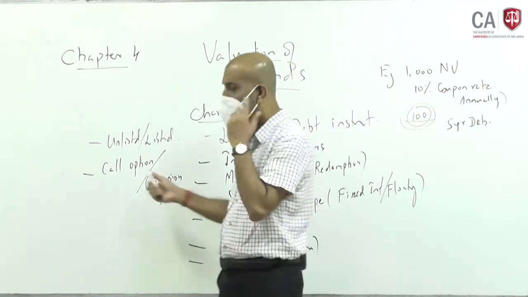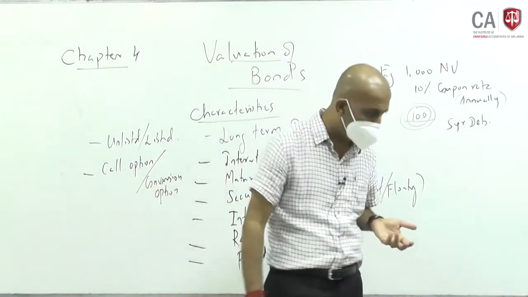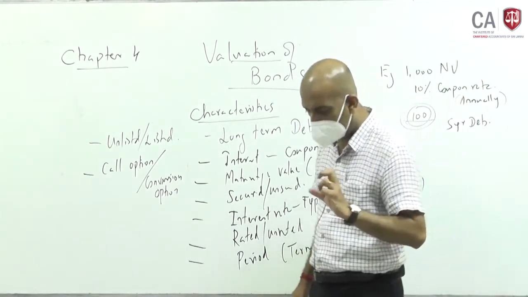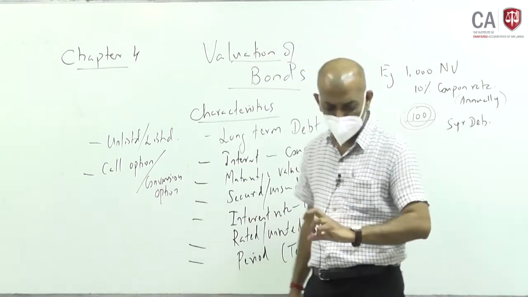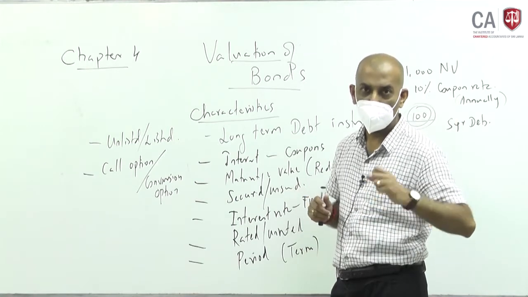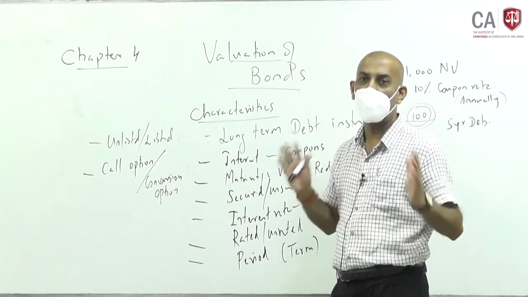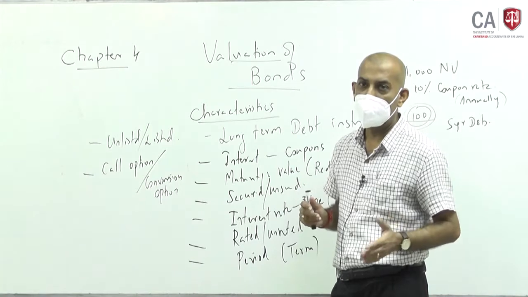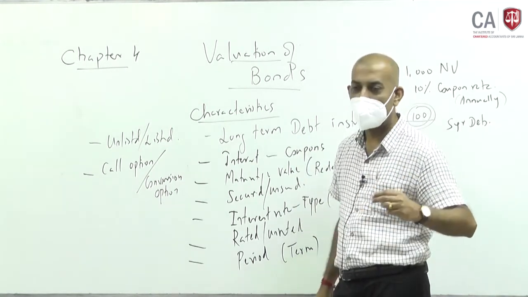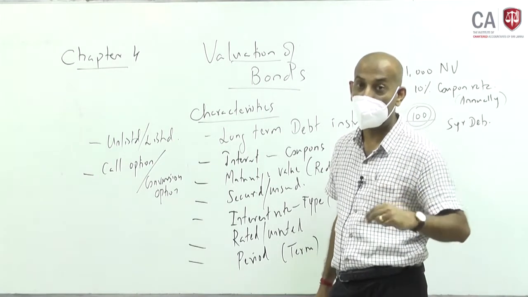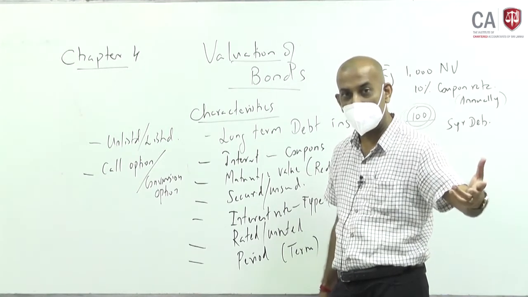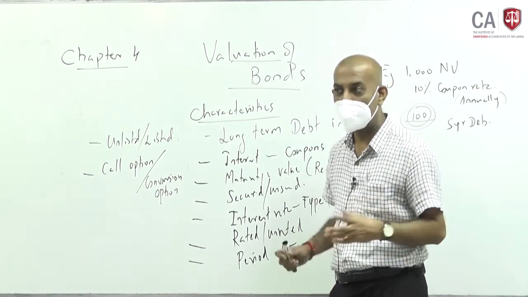What I mean is, after a debenture is issued for 5 years, the corporate bond may have a characteristic that the company can recall the bond. That means the company has issued it for 5 years, and after 3 years, they have an option in the bond document that in case the company wants, they can return the money to the investor and take the bond back. So that is called call option.